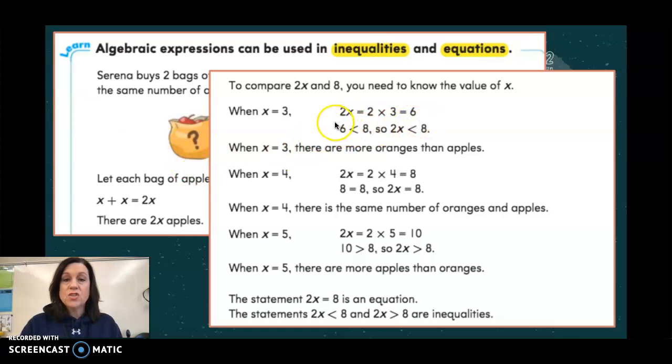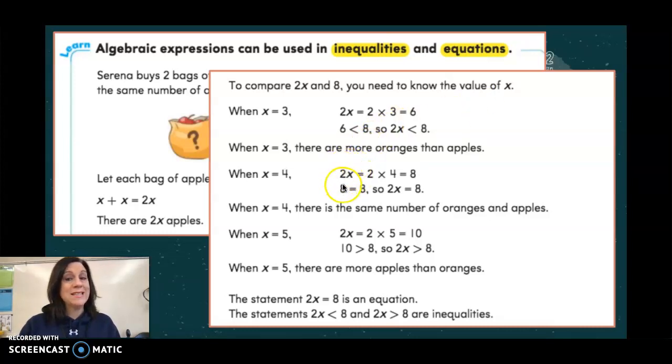Okay, right here. So we know then that 6 is less than 8. So 2x is less than 8. So those bags of apples, when using 3 as x, is less than 8. Now let's take a look. When x is 4, so you have 2x.